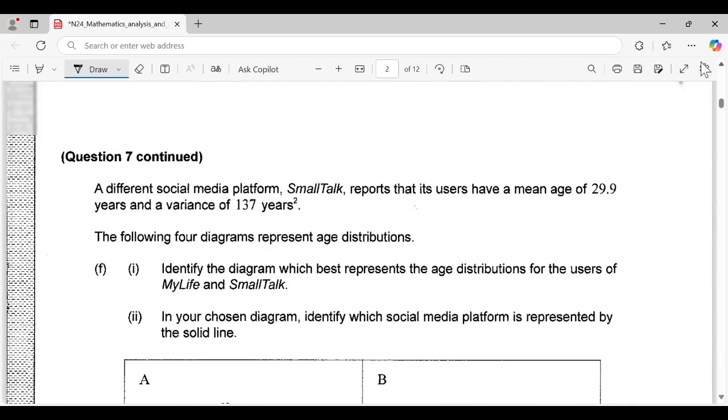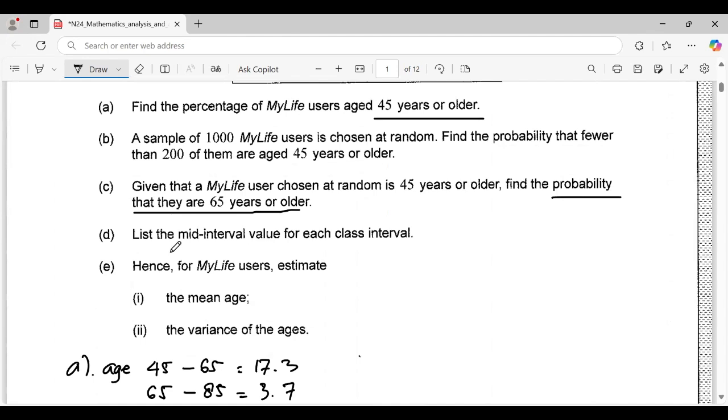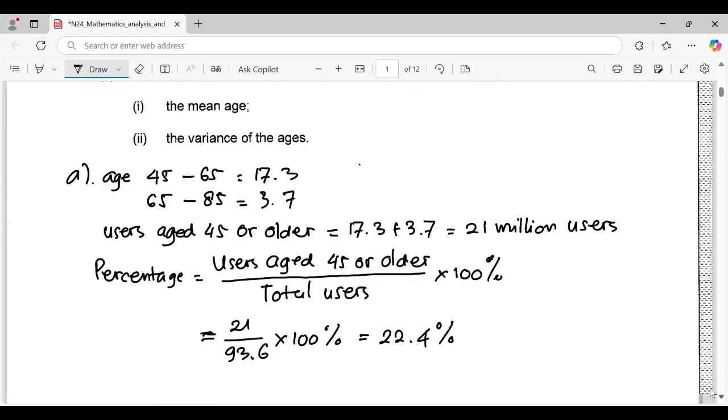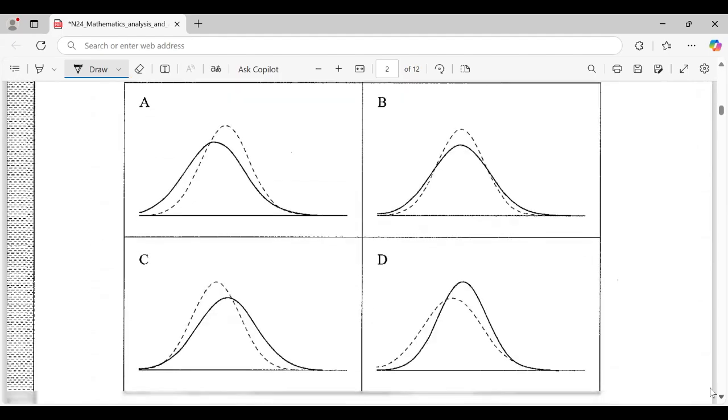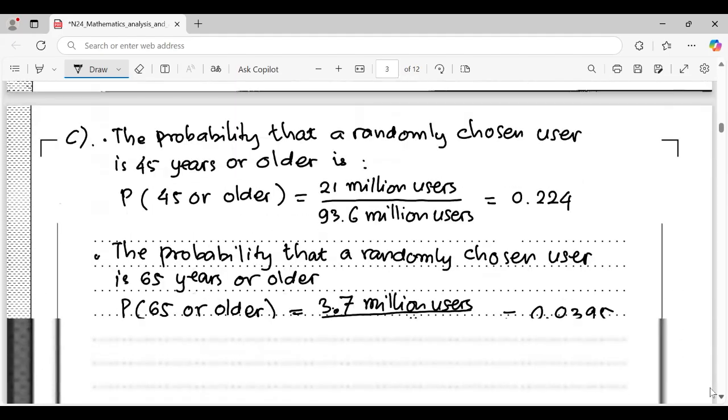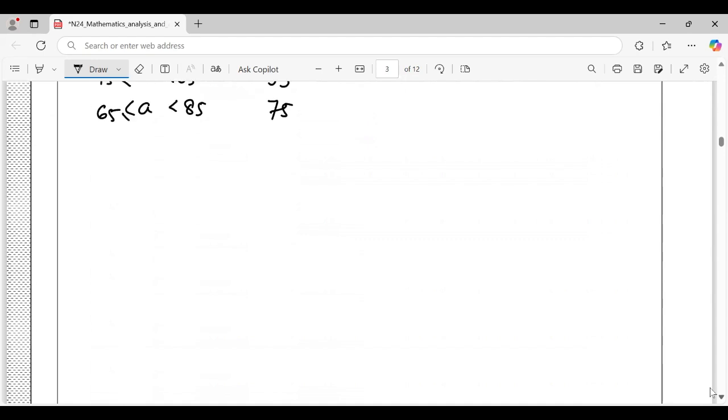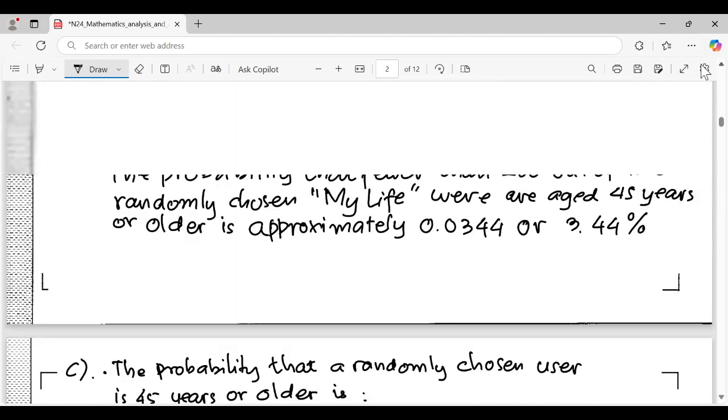Part E. Hence, for My Life platform users, estimate the mean age. Part 1. I am going to write the frequency on the table.